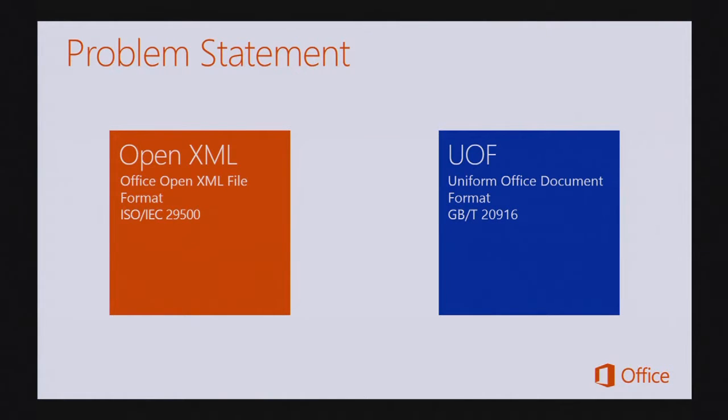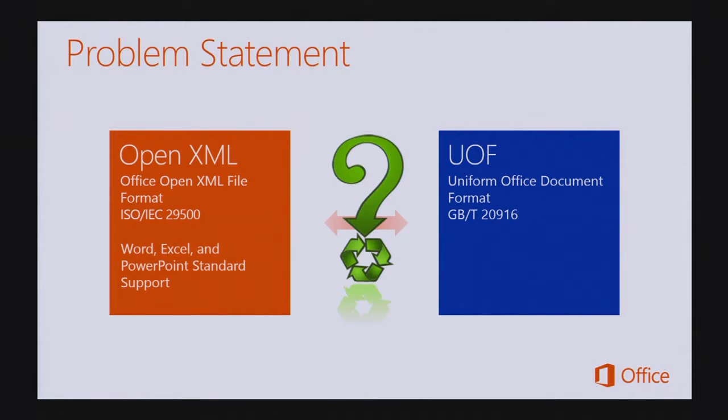So how could Microsoft Office and the non-Microsoft Office work together? As we introduce the solution here, I will also provide you some really useful resources, which were generated by Microsoft and uploaded on the MSDN: the Word, Excel, and PowerPoint standard support.